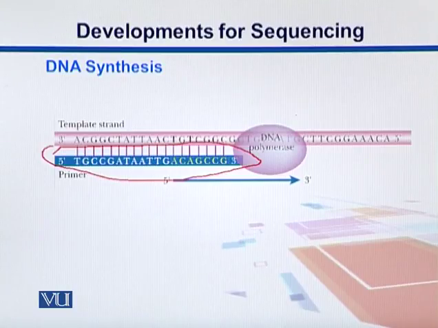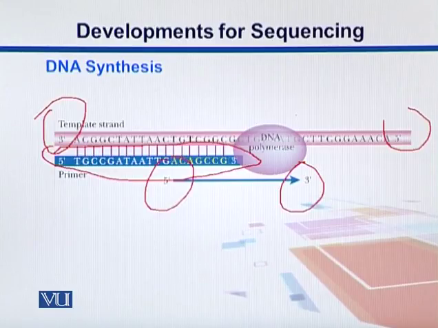If we look into the directionality, the template is arranged in 3 to 5 prime direction, whereas the new strand is synthesized in a 5 to 3 prime direction. New nucleotides are added on the 3 prime end of this new strand. Polymerase is the enzyme that polymerizes those nucleotides together while getting the order from the template strand.